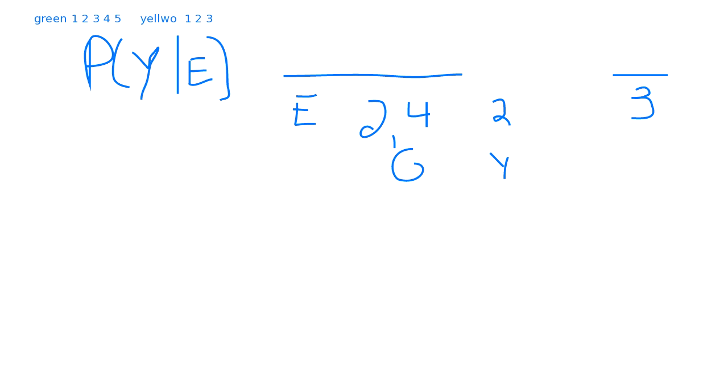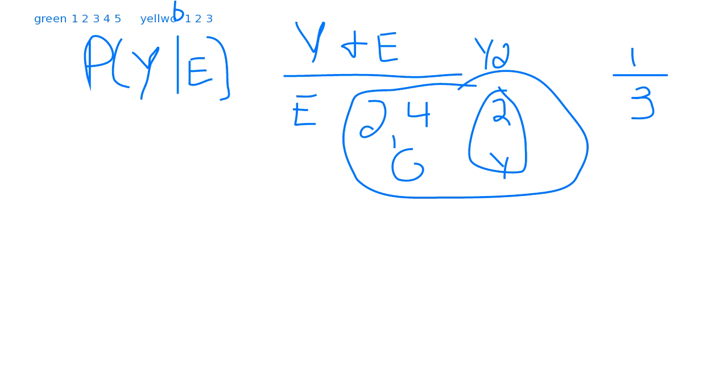And the top is yellow and even at the same time. So there's just one of those right here, the 2. So it's 1 out of 3. It's a yellow 2. I didn't even have to do that because it's right here. So 1 out of 3.